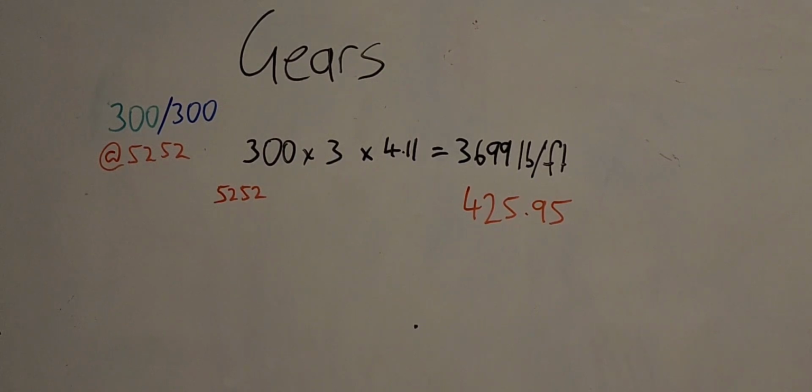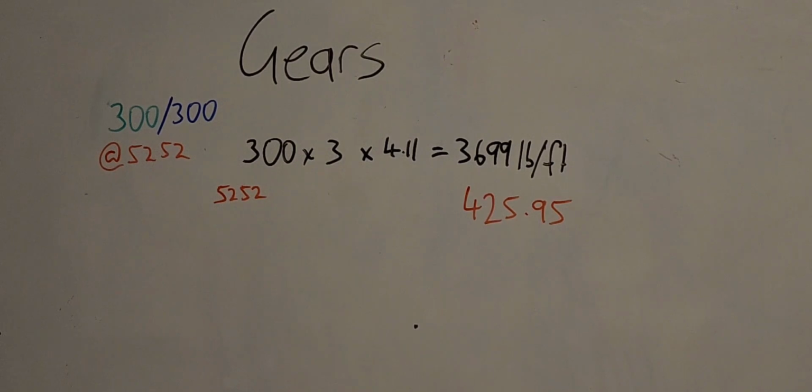And when we then go and do the same ratio, and we work out the speed at which it's happening, what we're doing is reducing the speed. So we're going from an RPM of 52, and when we go through the gear ratios and the final drive, the final axle speed is only 425.95.